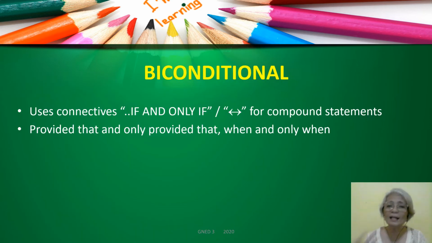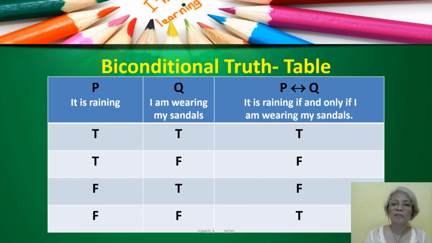So for the last connective, the biconditional, we use if and only if. We see the words provided that and only provided that, when and only when to mean a biconditional. Those phrases can replace if and only if. So what is the truth table for a biconditional? Notice that the biconditional P if and only if Q is true if the truth values of P and Q are the same.